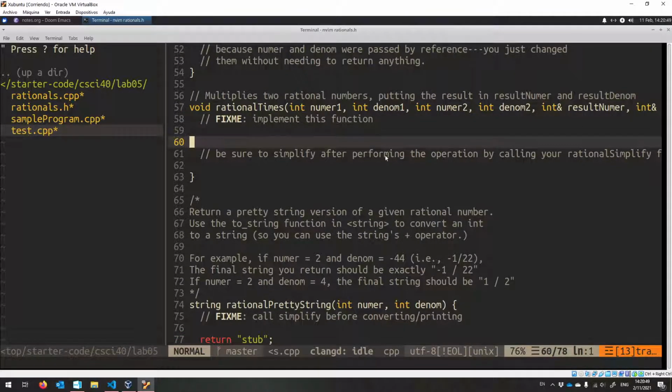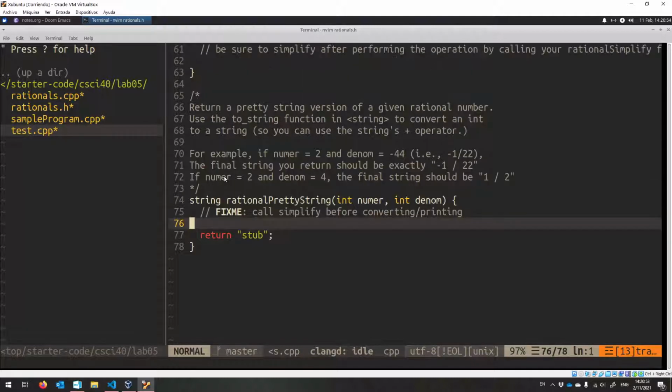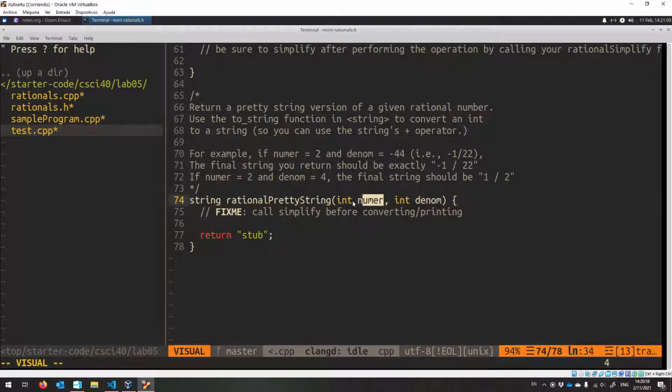Okay. And then finally, we have rational pretty string in this file. So what you do for this one is you return back a string. So given a numerator and a denominator, you need to simplify it first because it needs to be nice and pretty, and then you're going to return back a string. Right now I just gave you a stub function. You're going to give back a string that looks nice and pretty.